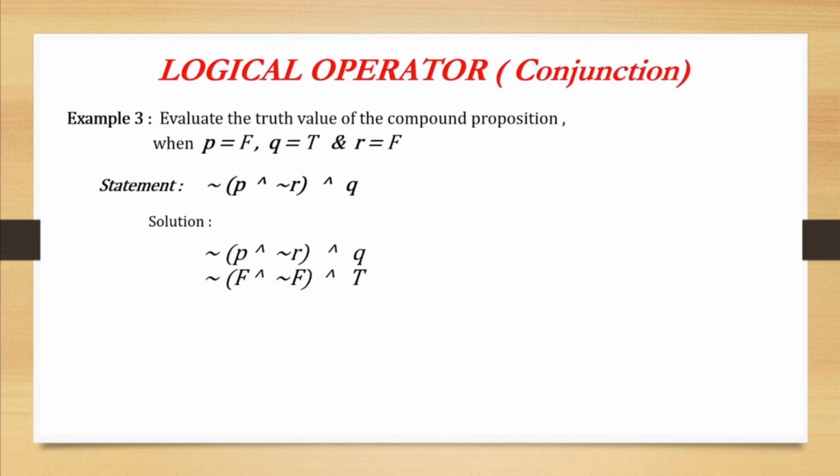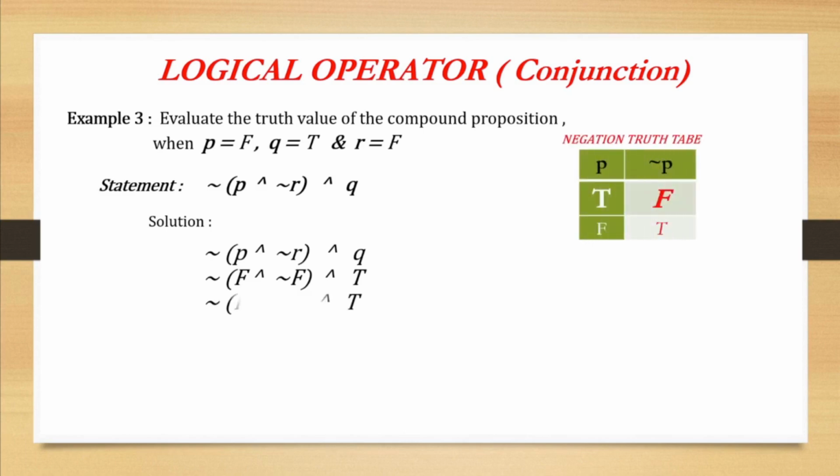So let us first evaluate the negation of false inside the parenthesis. We can say the negation of false is true. When we update our statement with its truth value, we have the negation of the quantity false and true, and true.